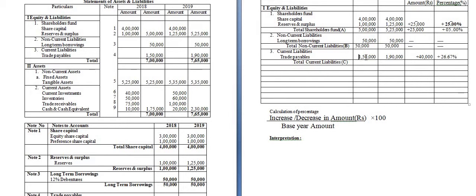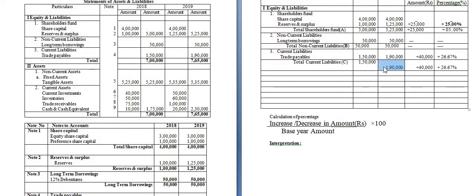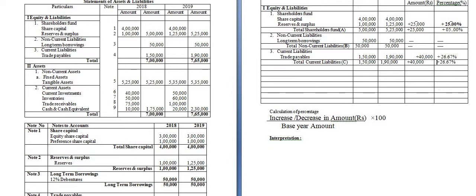Before that, first we'll write here 1,50,000 total current liabilities for 2018, and for 2019 it is 1,90,000. And the last one is total of equity and liabilities.